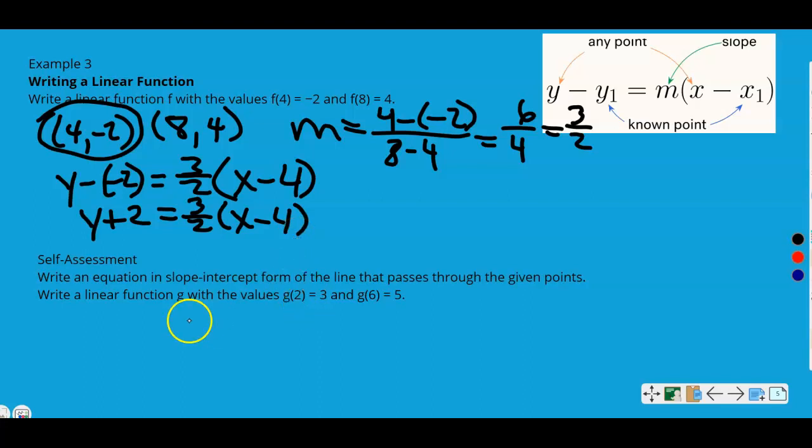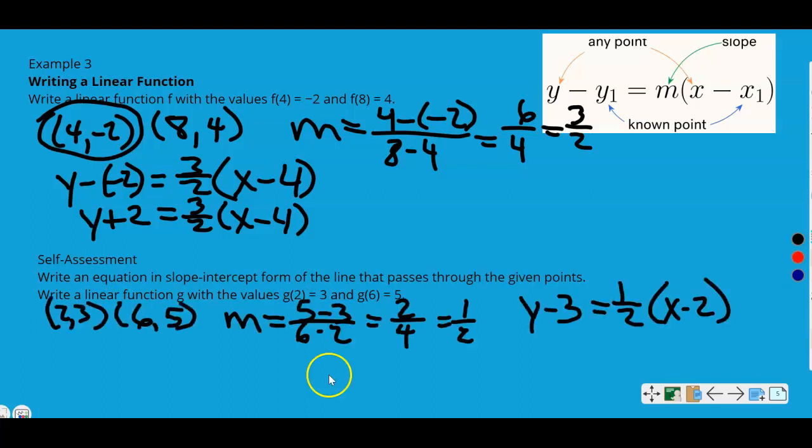All right, I want you to take just a moment, pause the video, work on the self-assessment, and see if you can get this on your own. Come back when you're ready to check your answer. All right, hopefully you got the 2 points from the equation. g of 2 equals 3, so g of x equals y, so your x and y, 2, 3 is your first point.